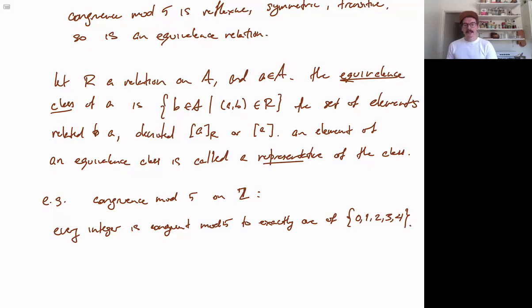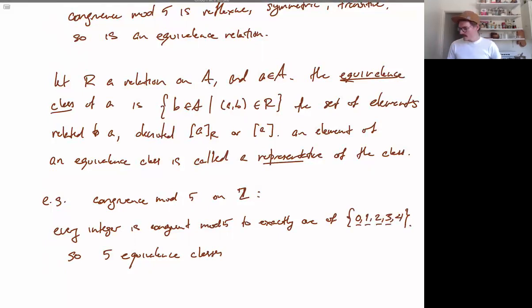So essentially this is telling us that we have 5 equivalence classes, and these are representatives for each of the 5 equivalence classes.